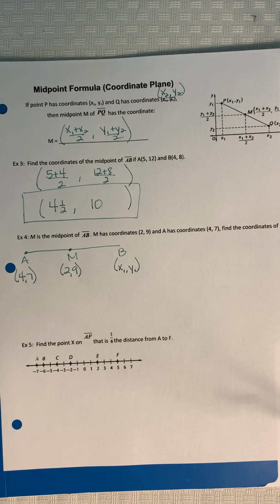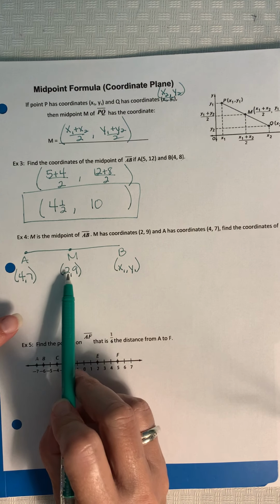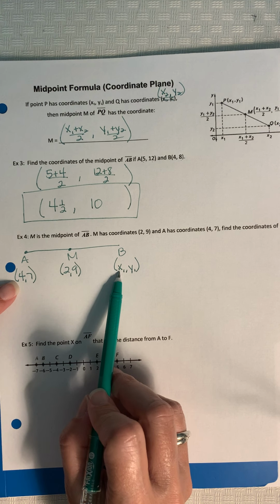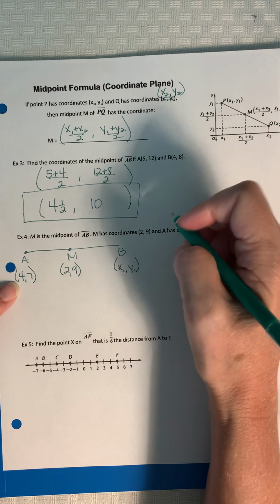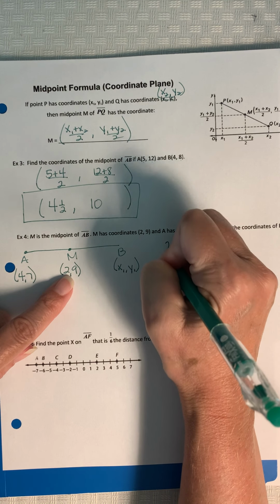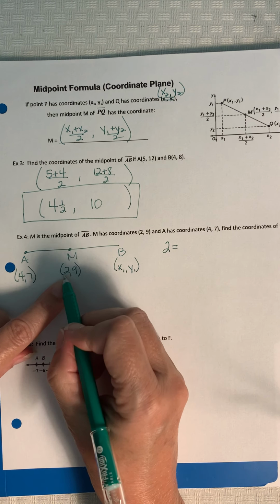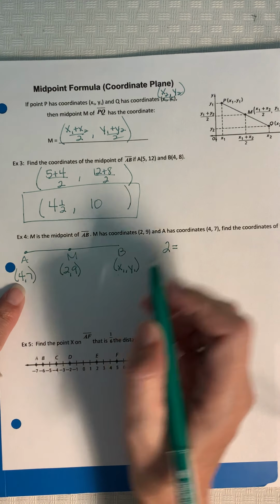There are two ways to go about solving this, and let me go through the mathematical explanation first, and then I will go through how you can kind of reason through it in your head. We know if this is the midpoint, this 2 is the average of these two values. So I know that 2 is, anytime we see or say "is," it's equal. 2 is the average of these two.